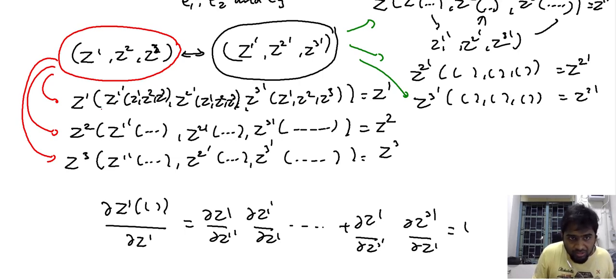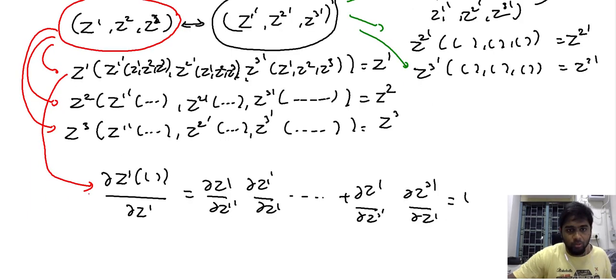This first term or this equation here will yield the partial derivative which will be equal to 1, and this is the partial derivative of z1 with respect to z1.